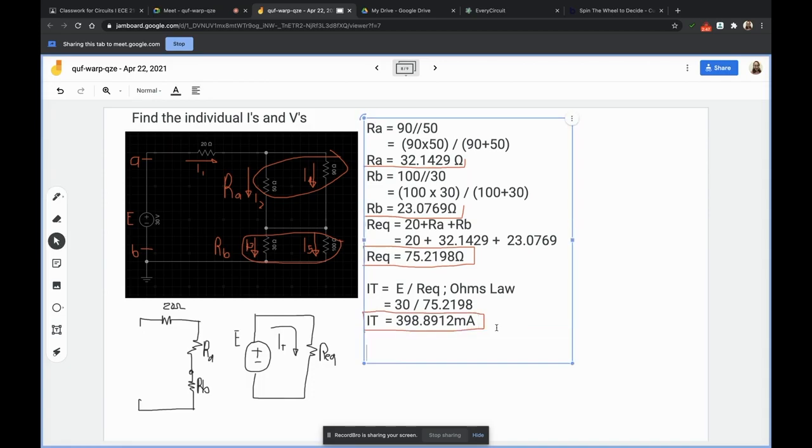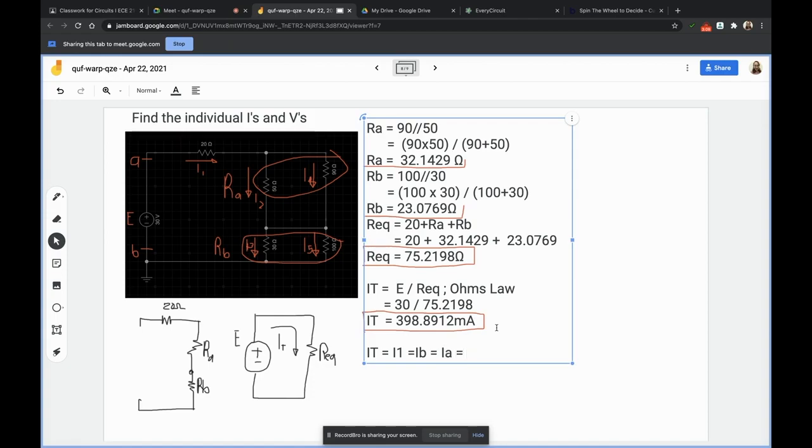Then, following the rule of series connection, I total is equal to I1, equal to IB, equal to IA. Okay?